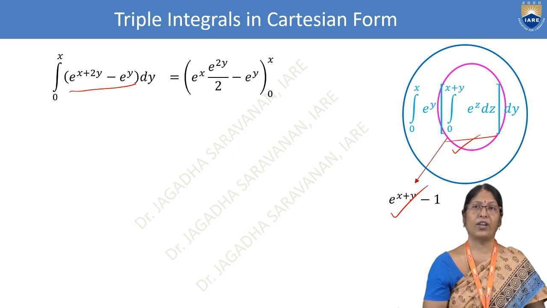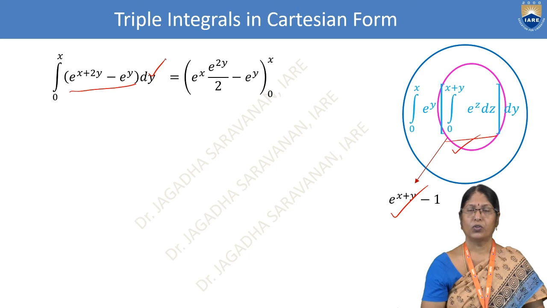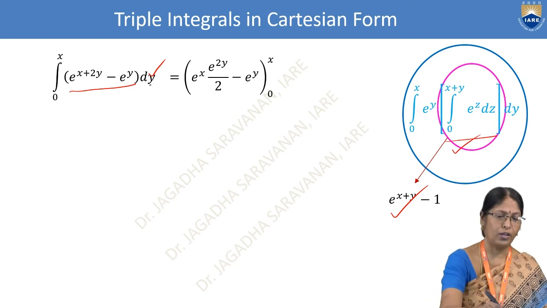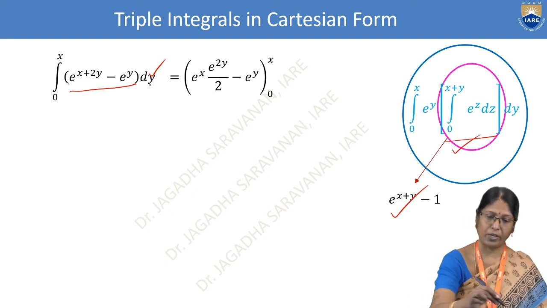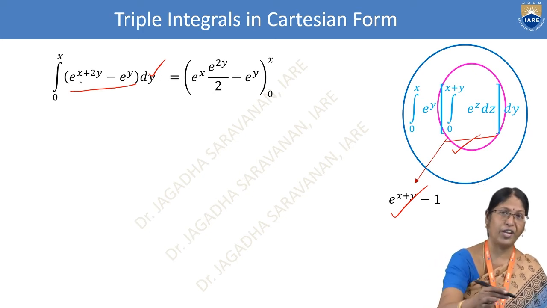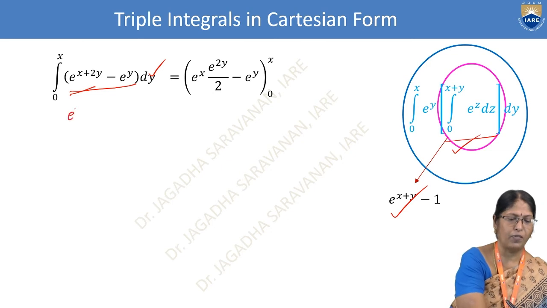We will do the integration with respect to y. Here we apply partial integration: we integrate with respect to y, and the other variable is treated as constant. So this is e power x into e power 2y.